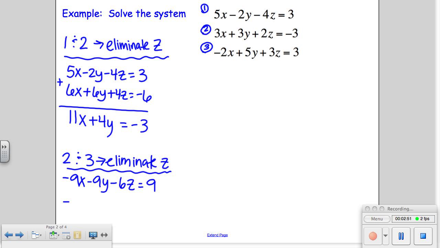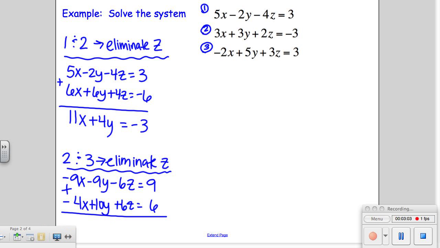So I'm going to have a negative 4x, a positive 10y, a positive 6z, and a 6. Now, when I add these 2 equations together, I get negative 13x plus y. The z's get eliminated, equals 15.